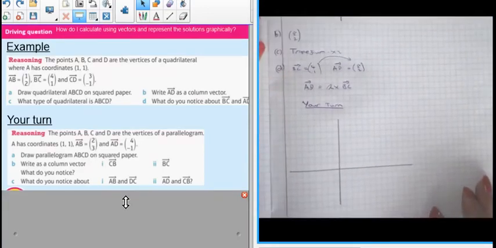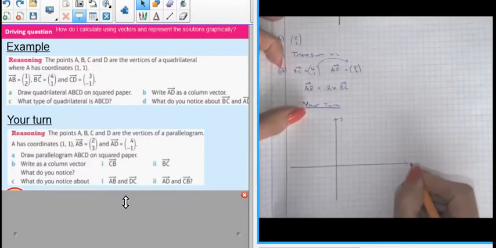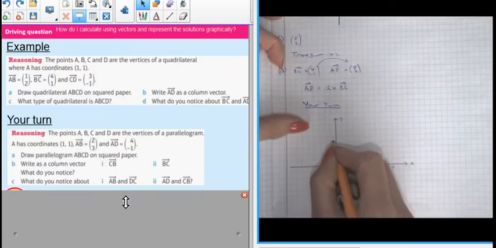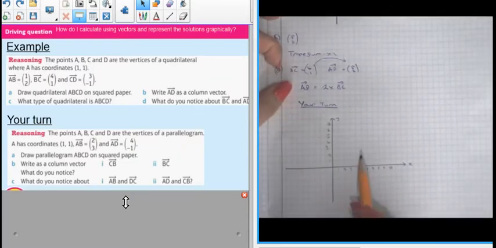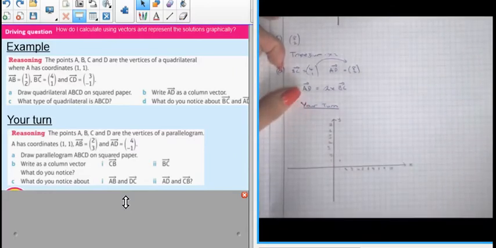Okay, so again I'm going to draw myself a coordinate grid with x and y. 1, 2, 3, 4, 5, 6, 7, 8, 9, 10. 1, 2, 3, 4, 5, 6, 7. Probably doesn't need to be this big, but just in case. Point A has coordinate (1, 1).